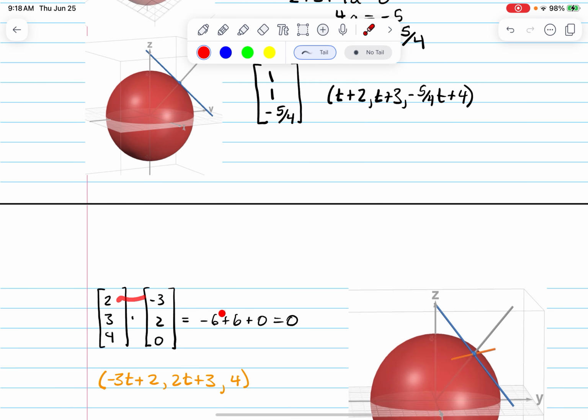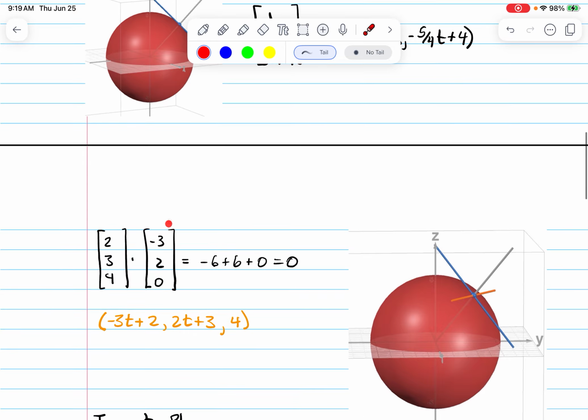Notice, 2 times negative 3 is negative 6, plus 3 times 2 is 6, plus 0. Yeah, that's 0. So look what I can do. I can say negative 3t plus 2, 2t plus 3. Remember the point was 2, 3, 4. And then 0t plus 4. And this is my equation.